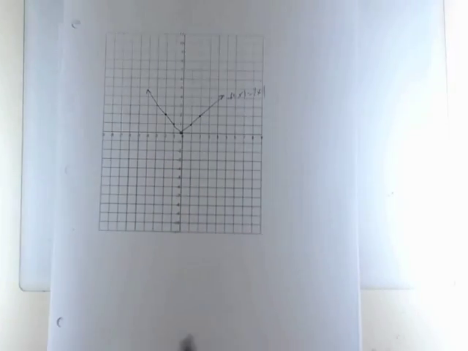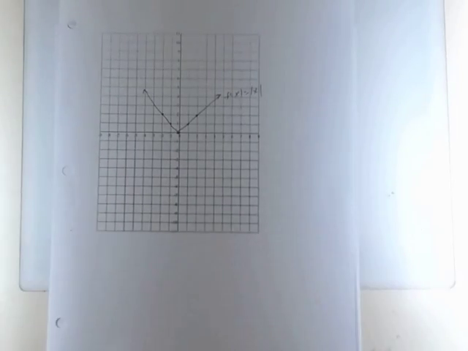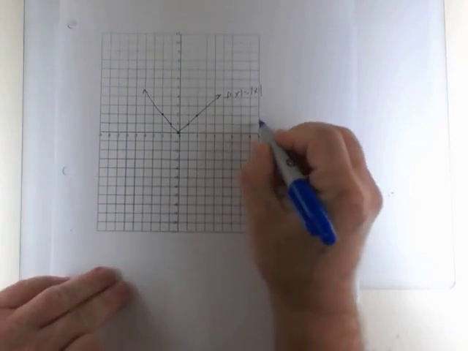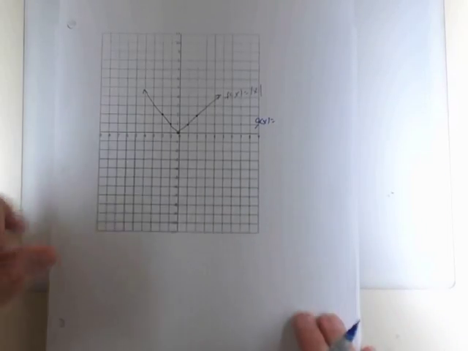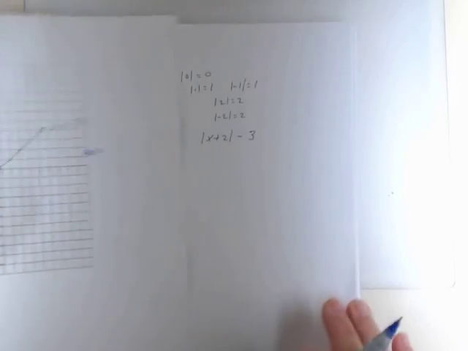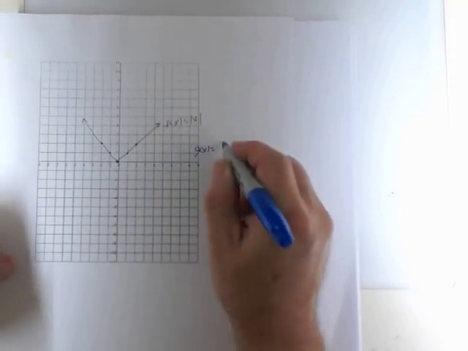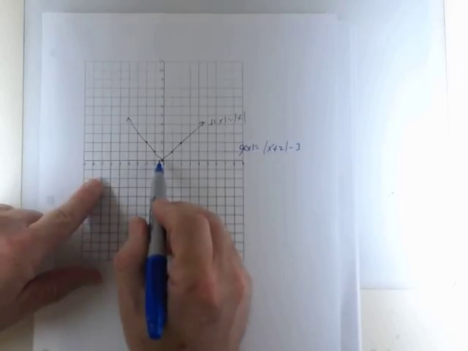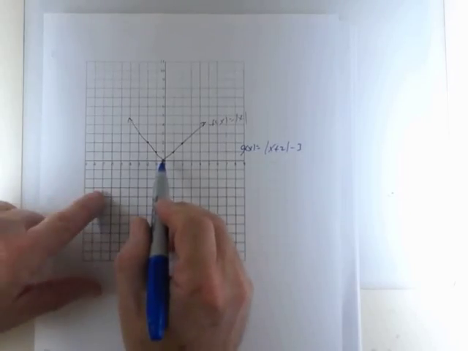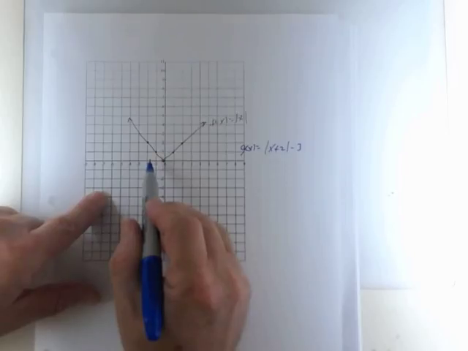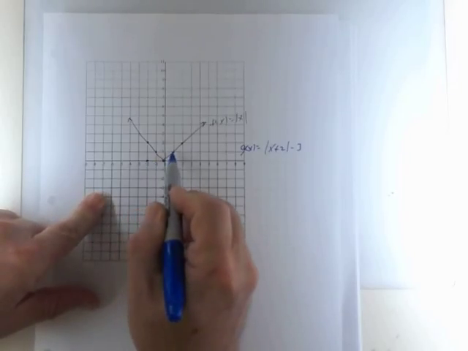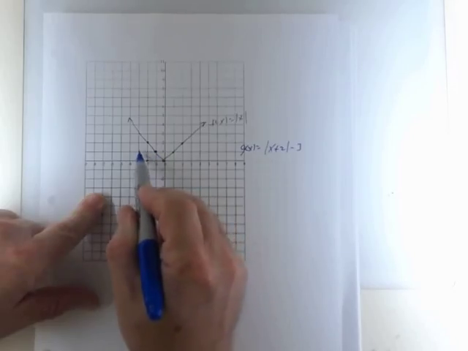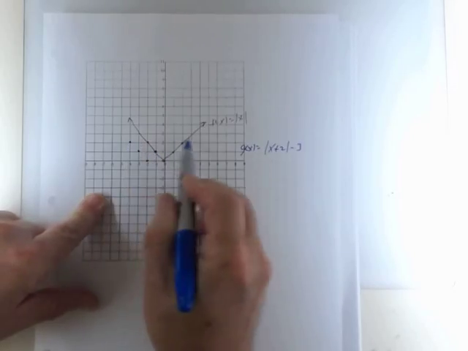Remember, I want to graph g of x equals the absolute value of x plus 2 minus 3. Every point I'm going to shift which way? Horizontally to the left. How many units? 2. So 1, 2, for each point.